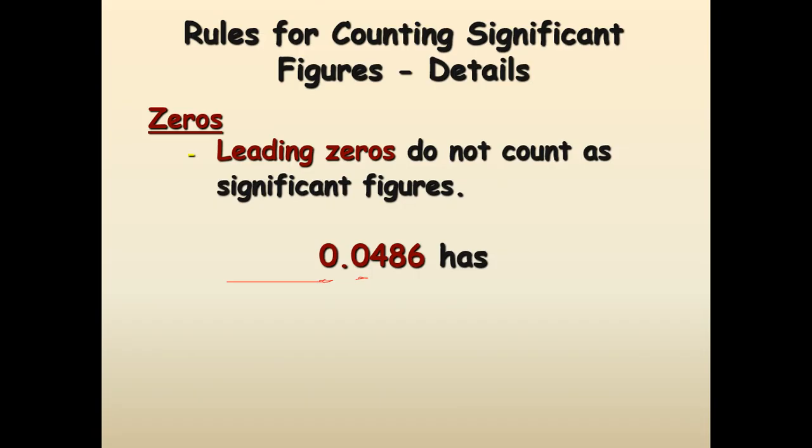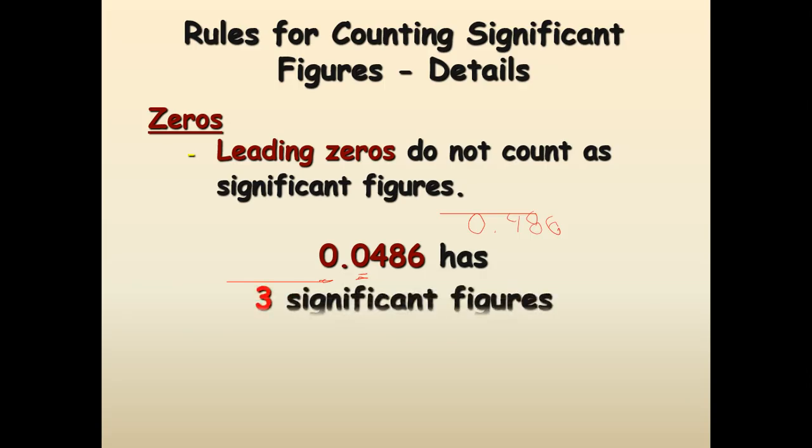Those leading zeros are not significant. Now, I'm not going to say they're not important, because they are. The number 0.46 is very different from 0.486. But zero is important, it's just not significant when talking about measurements. So that number, 0.0486, has 3 significant digits.